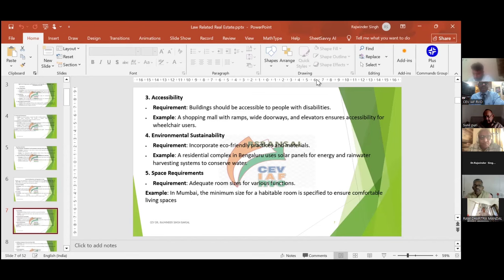Sustainability, green building construction, energy efficient buildings, and all these things have been included in the newly released National Building Code 2016. So it incorporates eco-friendly practices and materials. For example, a residential complex in Bengaluru uses solar panels for energy and a rainwater harvesting system to conserve water.